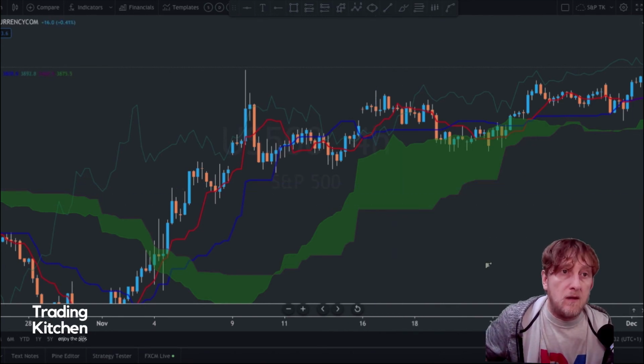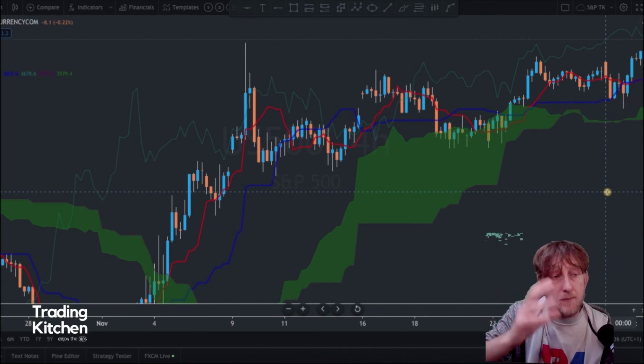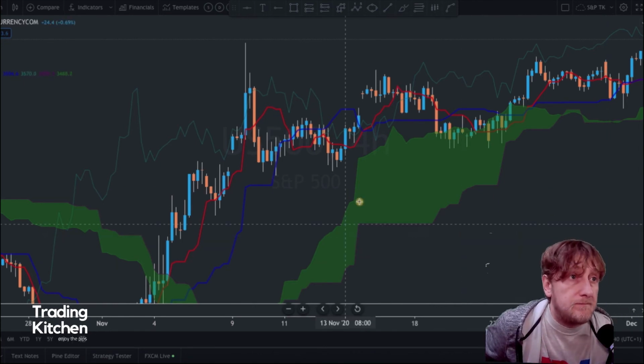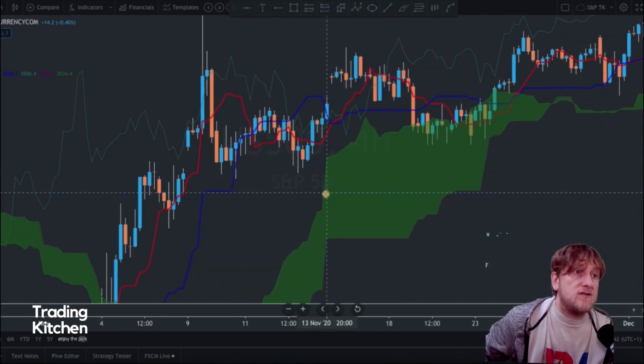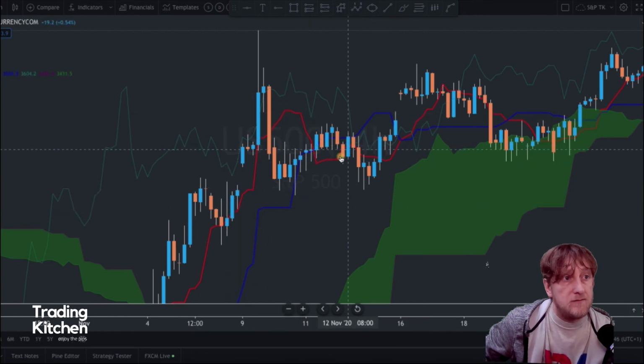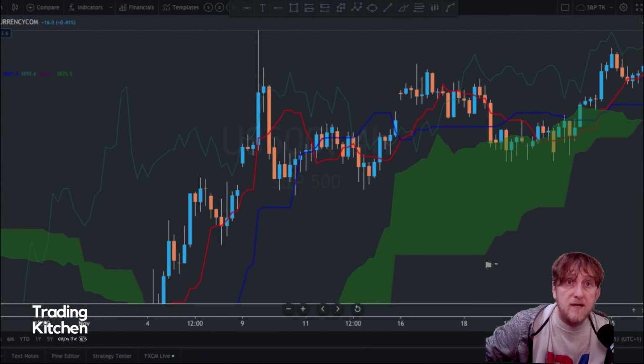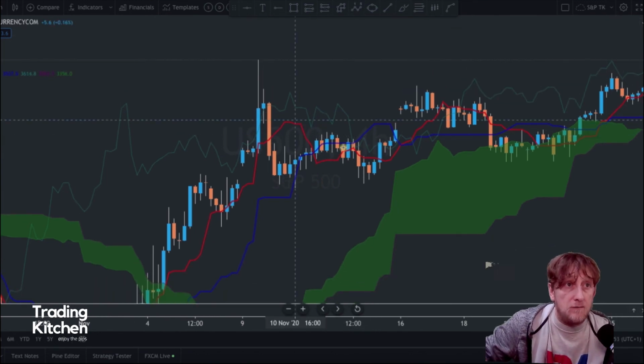Okay, most of the time given by Ichimoku itself. So this, as you can see, the red line, the cross line, crosses the blue line, which is the baseline, from above.